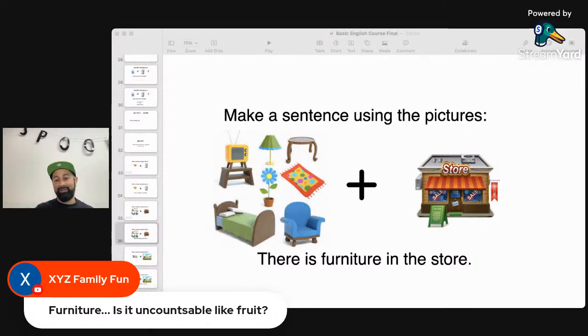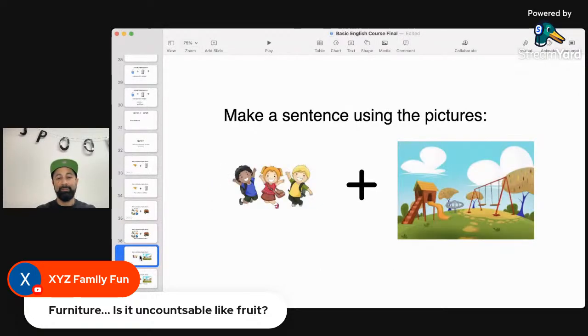All right. Let's go to the next picture. We've got left side, we've got some pictures. And on the right side, we've got the location. Please make a sentence using there is or there are. It's not a question.